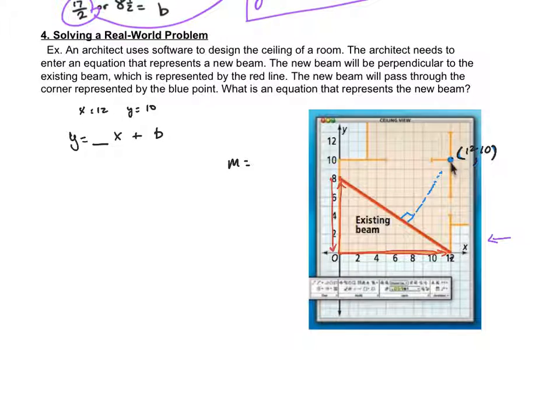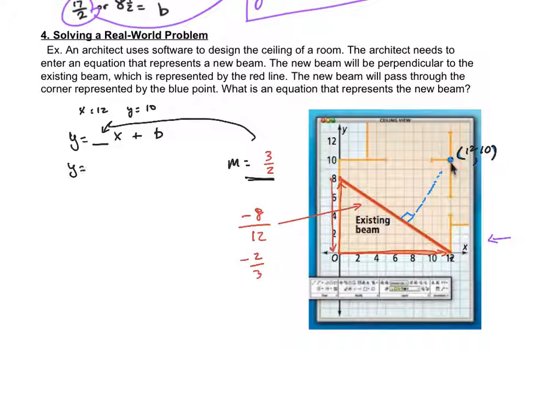So slope of this line is rise over run, so that is negative 8 over 12, which is going to be negative 2/3. So the opposite reciprocal of this is going to be 3/2. Positive 3/2 is the opposite reciprocal of negative 2/3. So this goes over here.